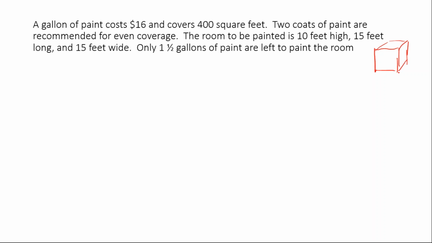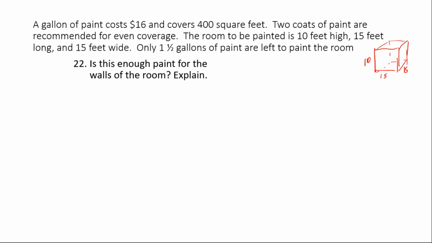Imagine you're looking at your room three-dimensionally. It's 10 feet high, 15 feet long, 15 feet wide. Typically what you would think of if you're drawing your room. Only you have 1.5 gallons of paint left to paint the room. And they want to know, is that enough to paint the wall?